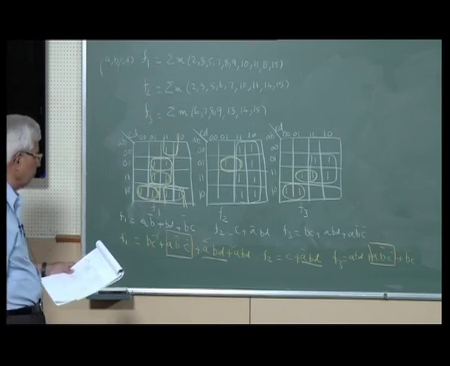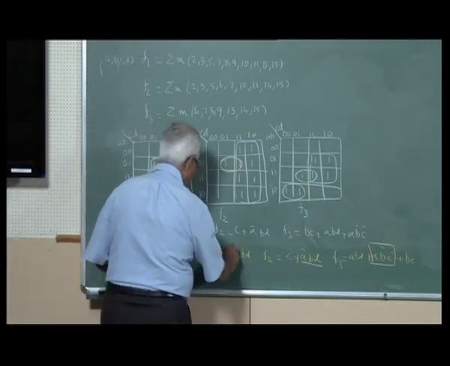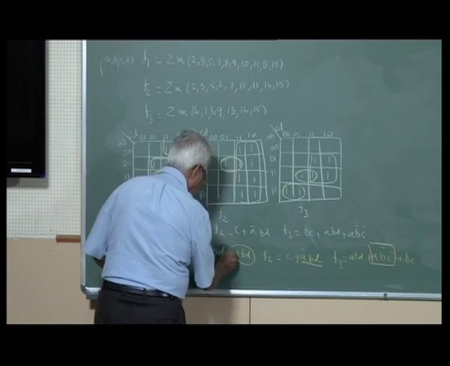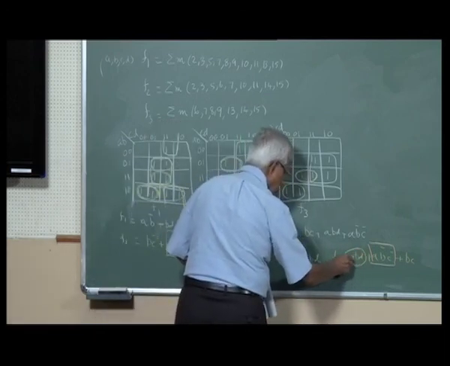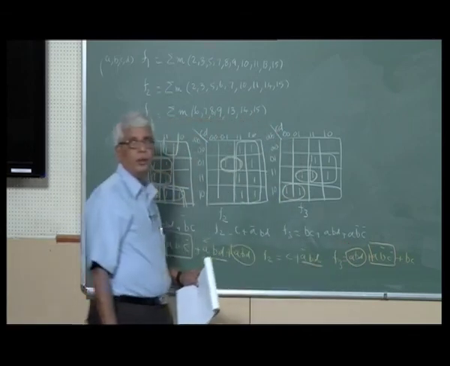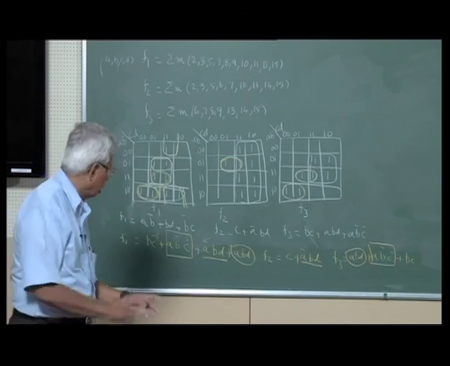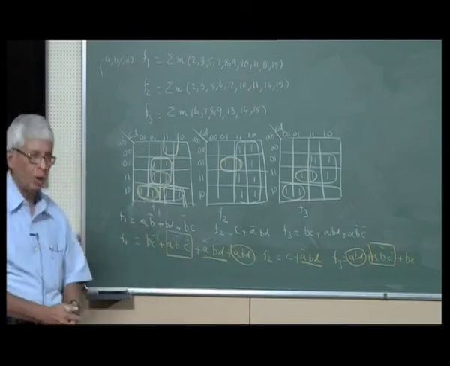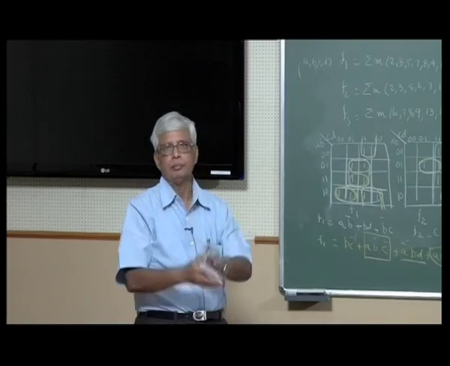ABD. So, 3 sets of product terms are common between these 3 functions. So, I will now have 3 less product terms to be generated.